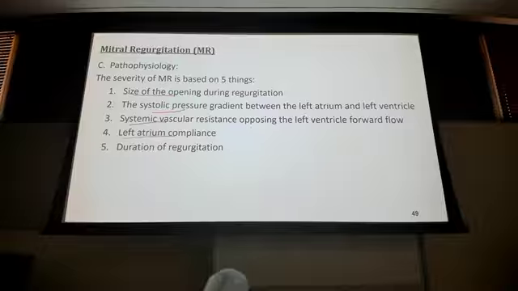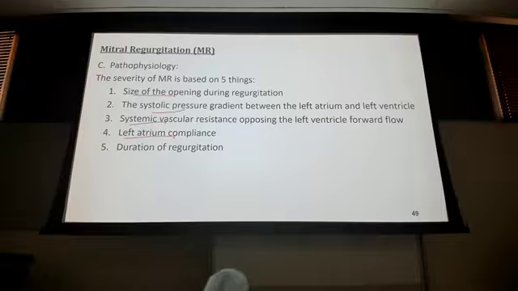Left atrium compliance, so how willing is the atrium to take on that volume? If it is stiff and non-compliant, just a little bit of regurgitant volume is going to quickly raise the pressure.